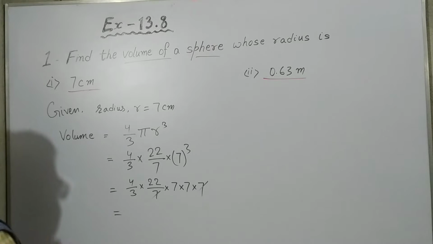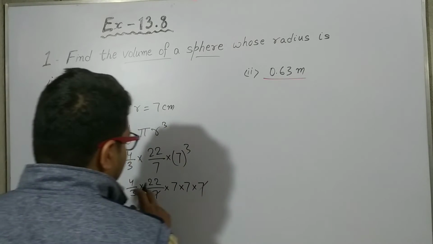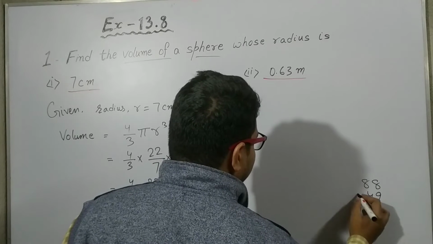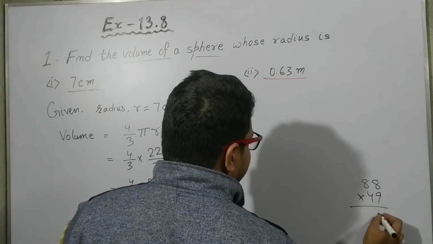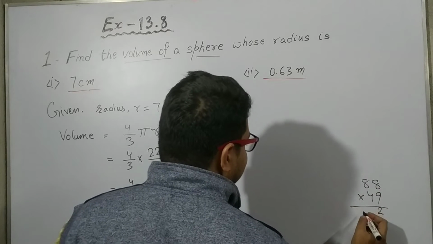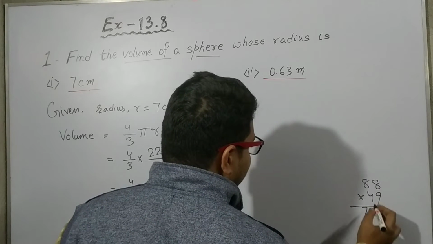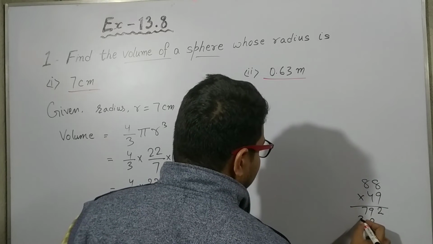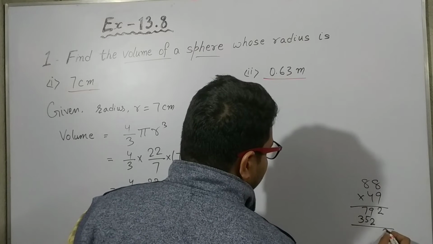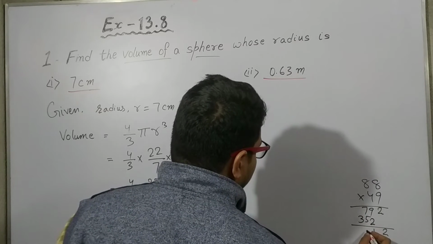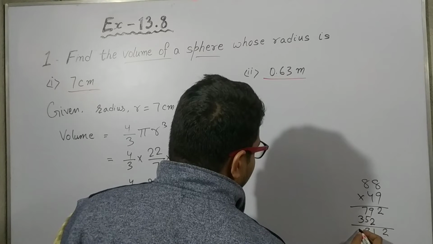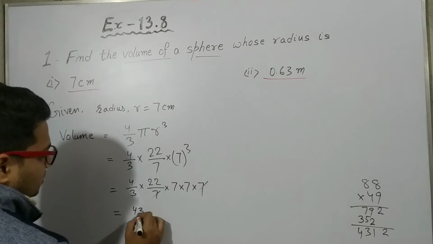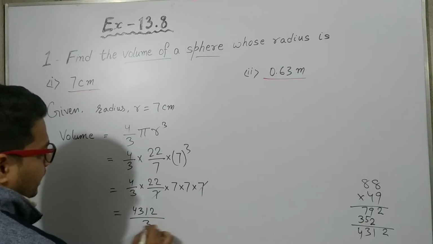Then multiply 88 by 49, you can do your rough work here. 88 multiplied by 49: 9 8s are 72, carry 7, and 9 8s are 72, and 7 it is 79. Again 4 8s are 32, carry 3, and 4 8s are 32, and 3 it is 35. And now 2 9 to 11 carry 1, 7 5 12, and 1 13, 3 carry 1, and 3 1 4. It is 4312, 4312, divided by 3.